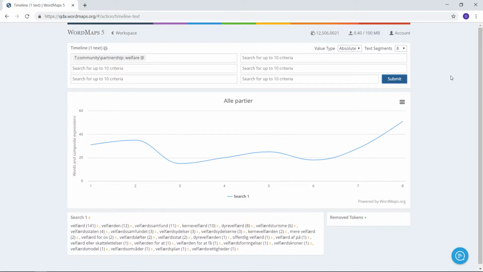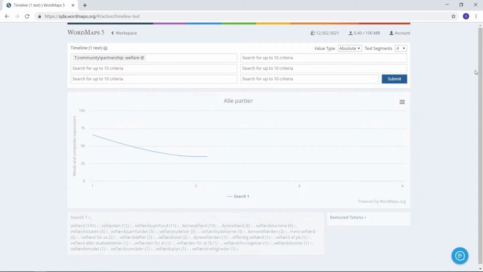And now we can see more clearly that actually, yes, we had a kind of a plateau here in the beginning. We had a lower plateau here in the middle, and we end up a little bit higher towards the end. And all the words that go into creating this picture are shown down here below. I could smooth it even more, so that I can divide into segments of 4.